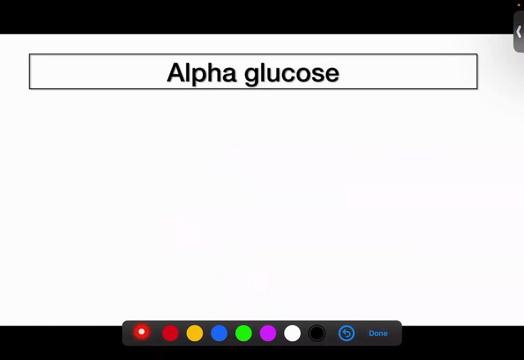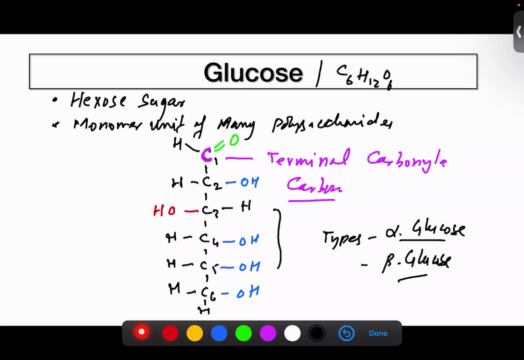In the ring structure, if we look at the straight chain formula, this is how the ring is formed: carbon number 1 and carbon number 5 make a ring here. This ring is formed by an oxygen in between.